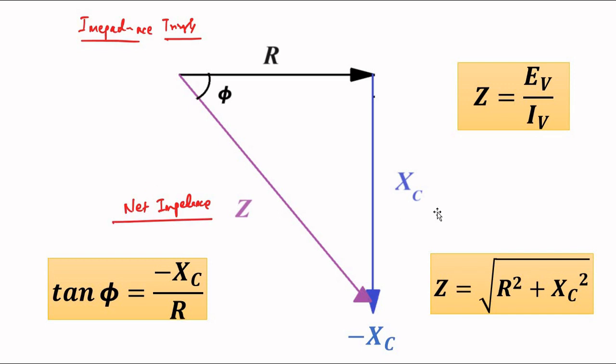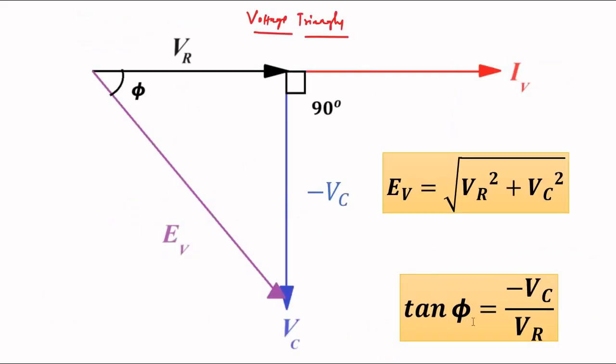Okay, and then we have the phase angle, the margin by which the net EMF or the net impedance is lagging behind the current, the reference phasor. That can be expressed in terms of the impedance values, the capacitive reactance and resistance, tan phi is equal to minus XC by R, or if we follow the voltage triangle, tan phi is equal to minus VC by VR.